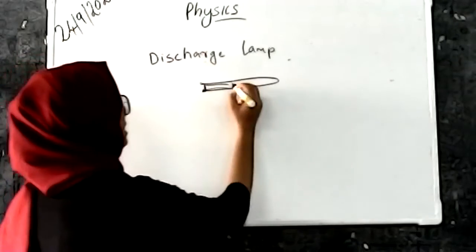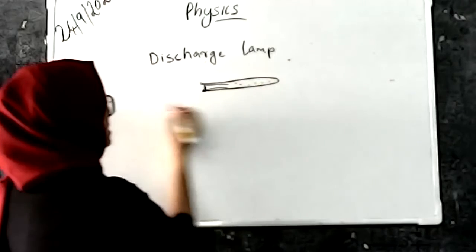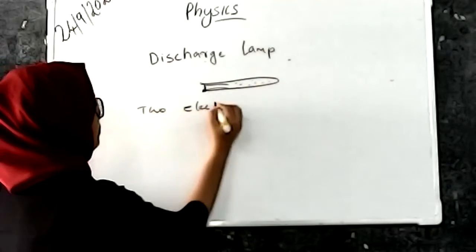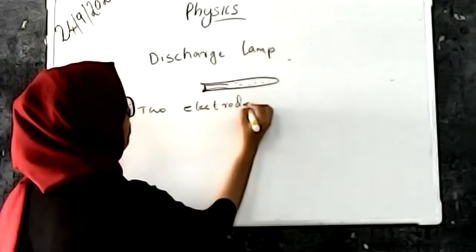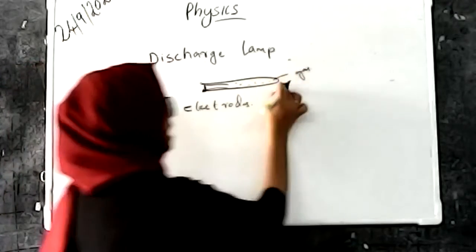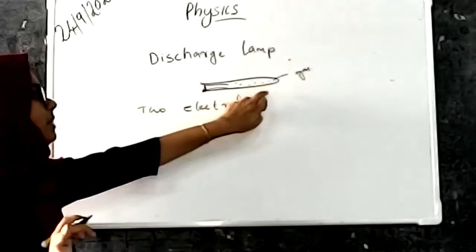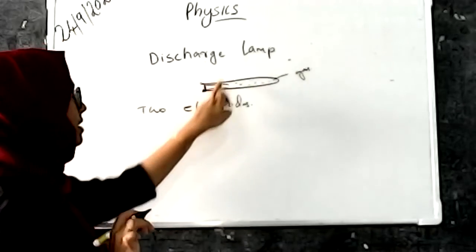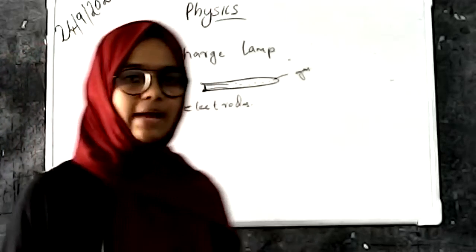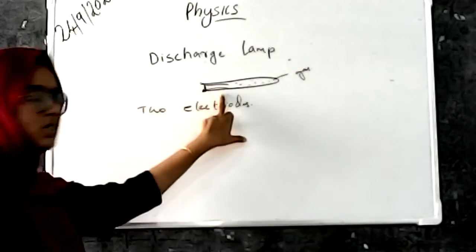The molecules are here inside a discharge tube. There are two electrodes and there is a gas filled inside the glass tube. That is a glass tube and two electrodes, the two parts of a discharge lamp, and we give electricity to the two electrodes.